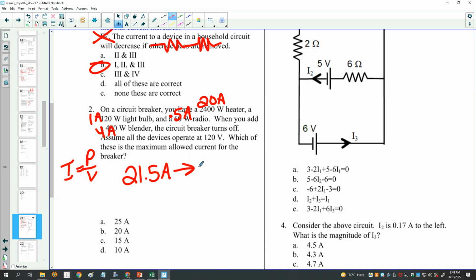I add 4 amps to that to give me 24.5 amps. So somewhere between 21.5 and 24.5, I have the thing turning off. Excuse me, 25.5. So that's not that one, or that one. The A then is the right answer.